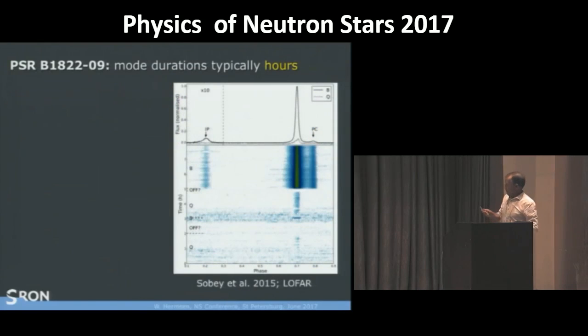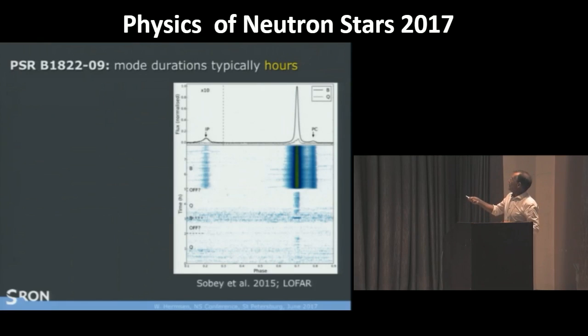The last one, PSR B1822. Here you see an example from LOFAR observations, Sobey et al., a recent paper. Here you see it's very bright. There's the main pulse. There's a much weaker interpulse. And here's a post-cursor. And you see here it was originally a nulling pulsar. They discovered here with LOFAR that in fact the nulling is not a null, but it's normally in a quiescent state, so a weak state.